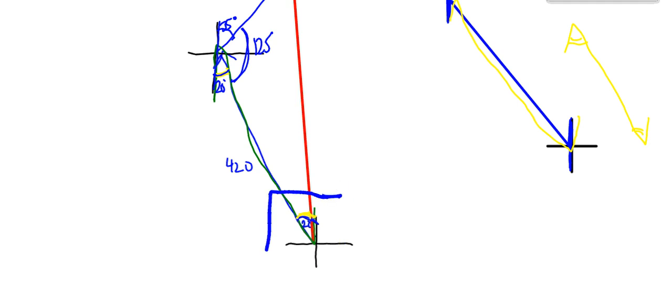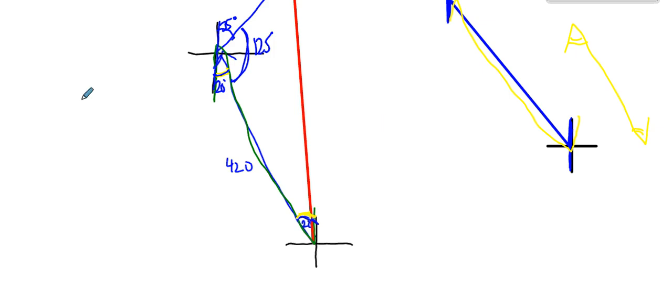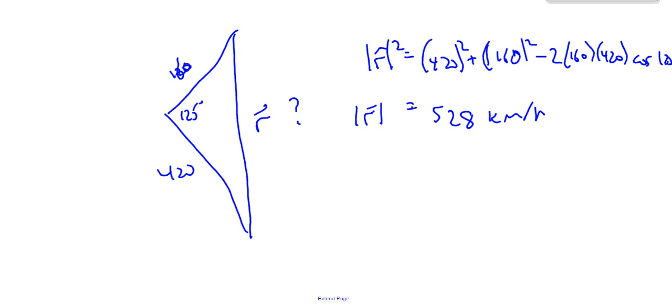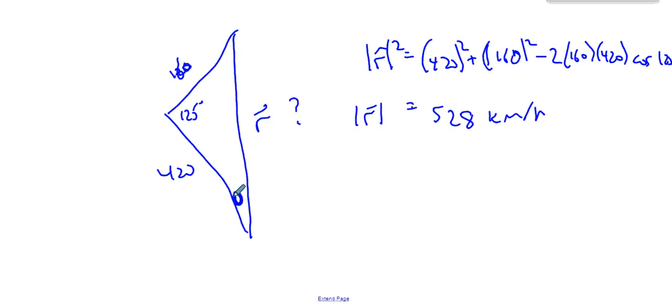Let's see if I can get this one working. Ooh, look, I'm zooming in. Now, I'm zooming in on something messy, but what I want you to do is recognize that I need to find the direction of that red line because it's my resultant vector. And that red line is obviously north something west, so I need to figure out what that angle is. So the key is we're going to return to this, and we're going to find this angle here.